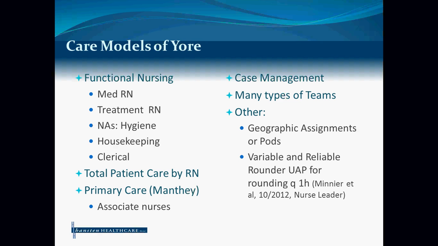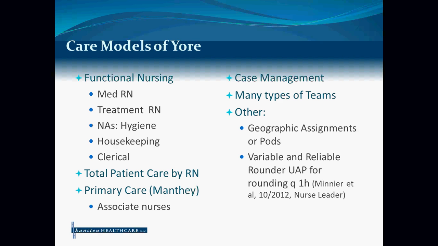We have other ideas such as geographic assignments or pods, and have nurses working together with assistive personnel in those geographic pods or areas. One of the ideas that has come up recently is a variable and reliable rounder, an unlicensed assistive person for rounding every hour on a patient care unit.